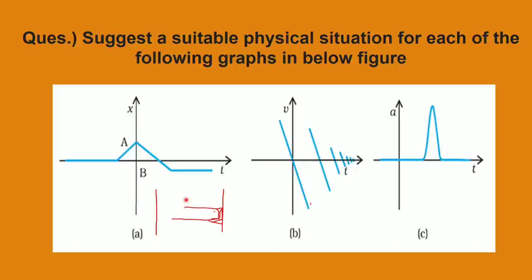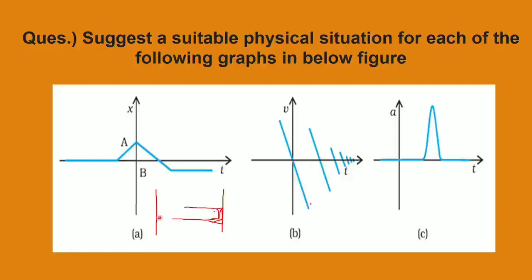What is happening is that it is moving, changing the position in the positive direction, then it is striking a wall, or you can take any ball kept here moving in a straight line. Of course, this chapter is all about motion along a straight line, so you have to always keep that in your mind. The body is moving along the straight line, strikes the wall, and returns. Position starts decreasing, it crosses the initial point, the origin, goes beyond that in the negative direction and stops there.